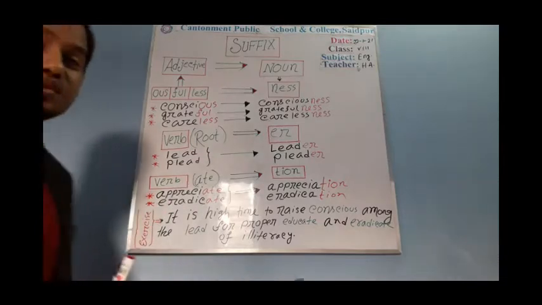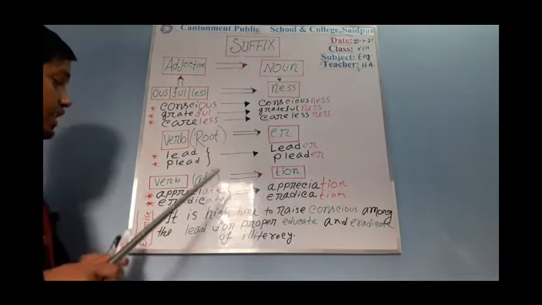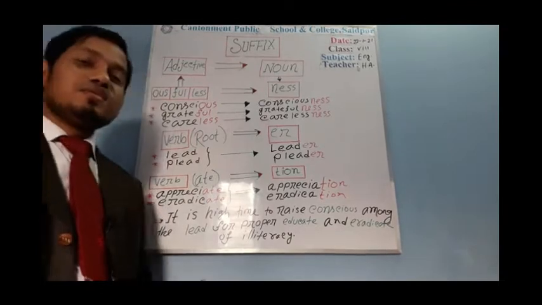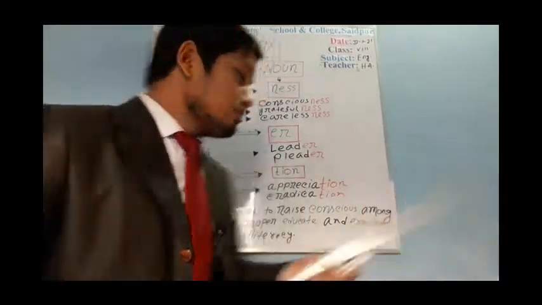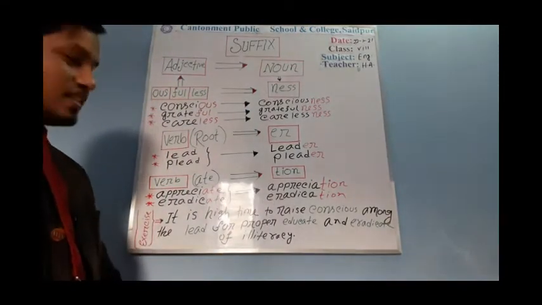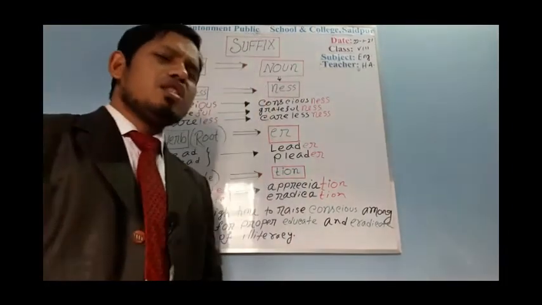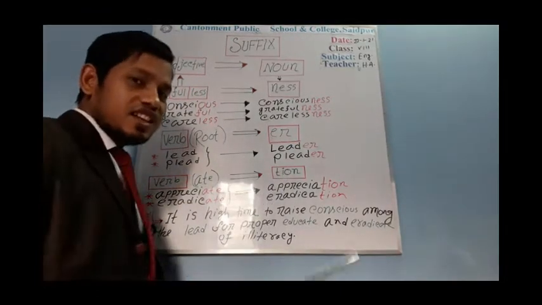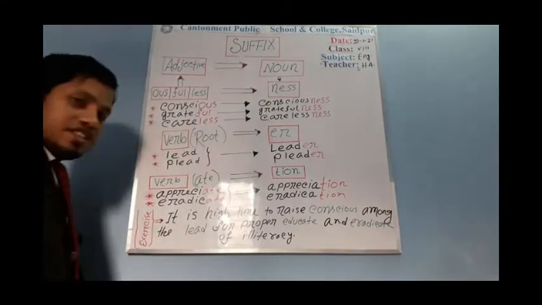Here I want to teach you that if the verb ends with ate, you should change the word into a noun with tion, shun. Understand? You've learned, you've heard a lot of words in English ending with shun, tion. This is a noun.